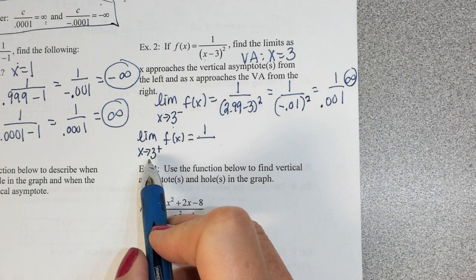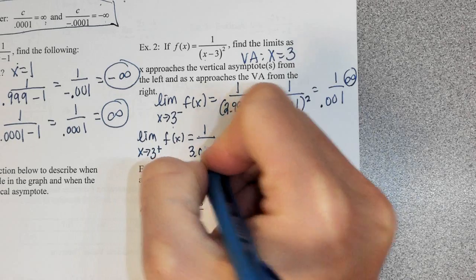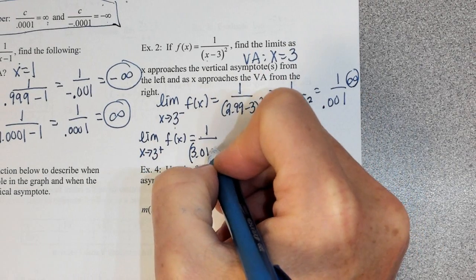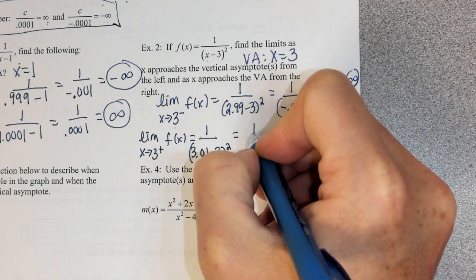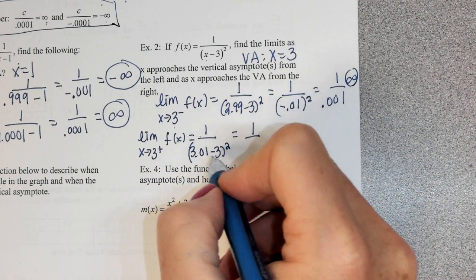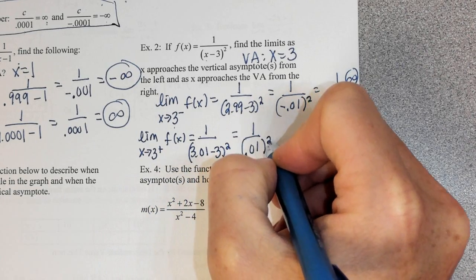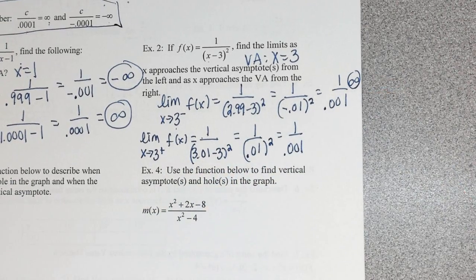Yeah. Okay, that's pretty close. Let's go 3.01 just to make it even a little closer. So we're going to do 1 over 3.01 minus 3, and we're going to square it. So when we do that, we get 3.01 minus 3 is 0.01. We have to square that, and we get 0.001.